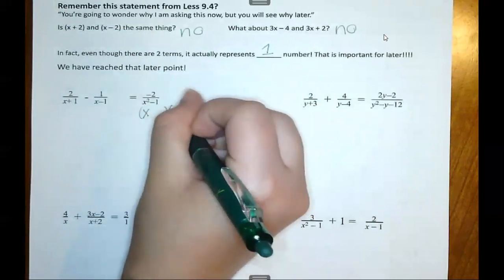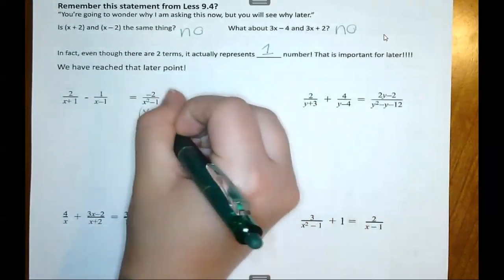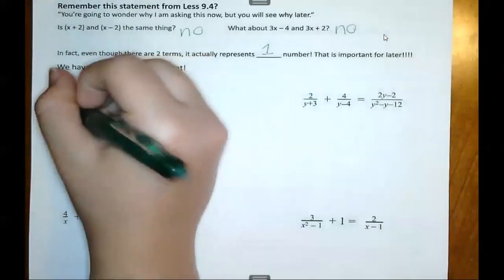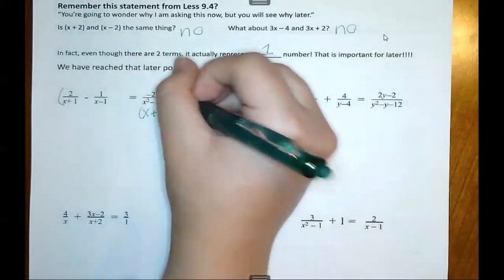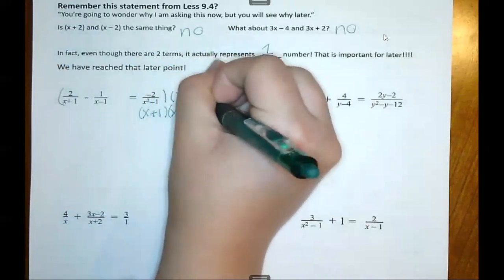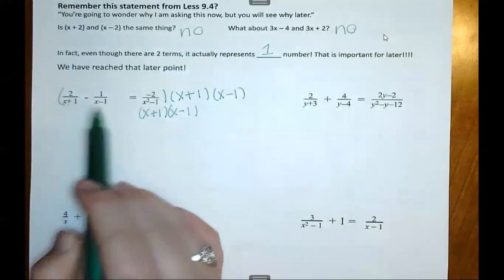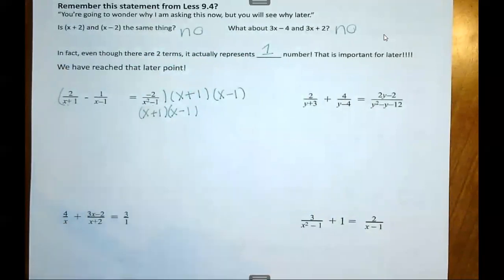So this is a difference of squares. So it'd be x plus 1 and x minus 1. So it turns out that is something that these two already have. So that means that my least common multiple, or my common denominator here, is just x plus 1 times x minus 1, because this one already had the plus 1, this one already had the minus 1, and this one had both.